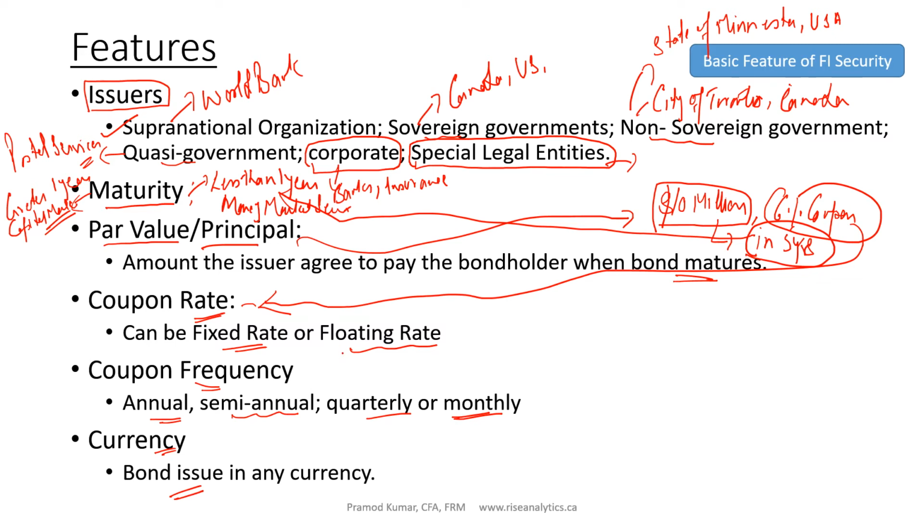Now I just want to put one more thought here on the floating rate. We know the frequency is how often it gets paid. In a fixed rate, the coupon rate is the same. For example, if it's 6, it's 6; if it's 5, it's 5. But on a floating rate, the coupon rate depends upon some benchmark, mostly the LIBOR rate, right?